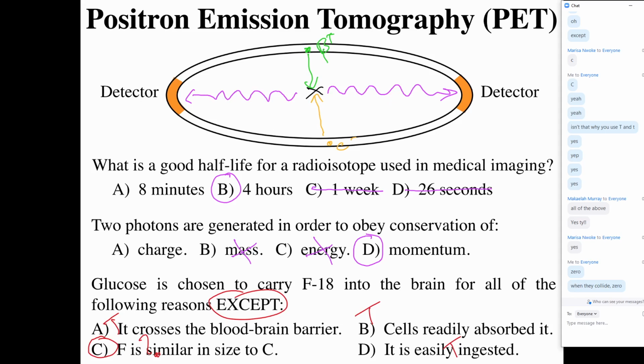So what do you know? What predicts that two things will go in complete opposite directions? Conservation of charge, mass, energy, or momentum? Conservation of momentum, exactly. If something goes left, the other item must recoil right. If something goes up, the other one must recoil down. If this wave goes this way, this one goes the other.